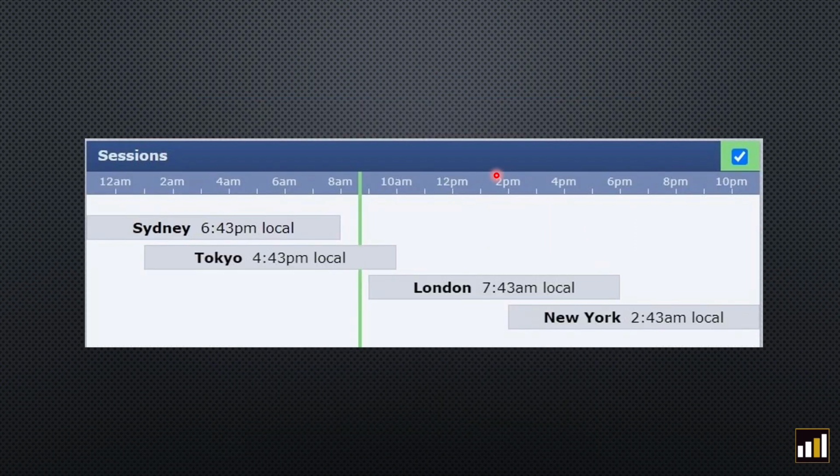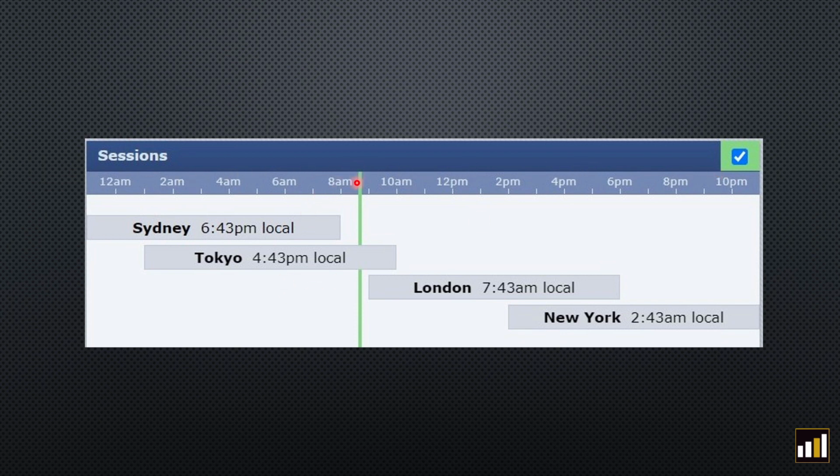And then for the sessions, the sessions are broken up into the Asian session, the London session here, and the New York session. So the Sydney and Tokyo, this is the Asian session. This is also found on the Forex calendar right at the bottom. So if you sign up to the Forex calendar, which is free, all of these would be in your time zone.